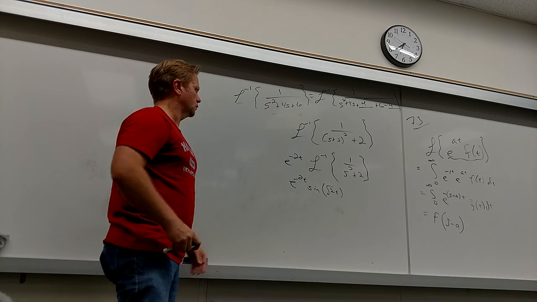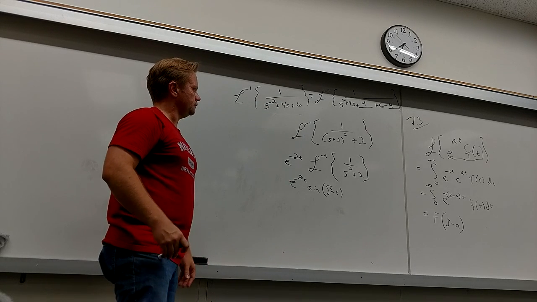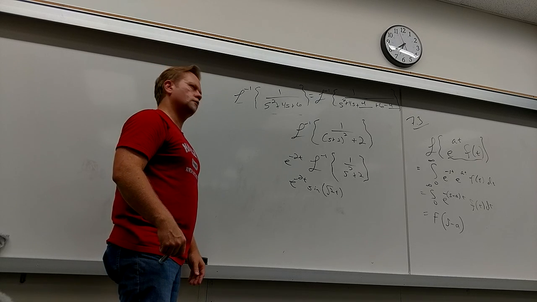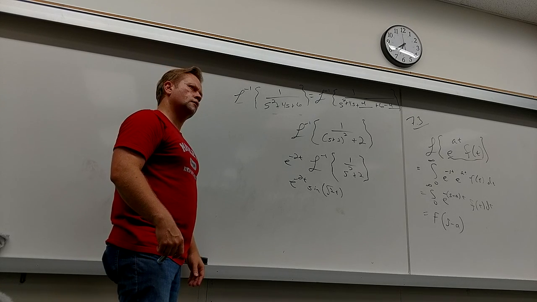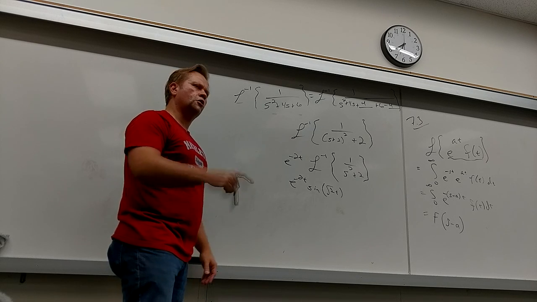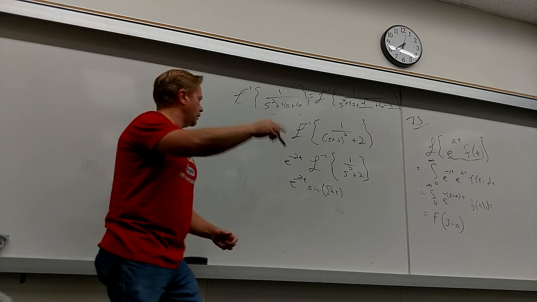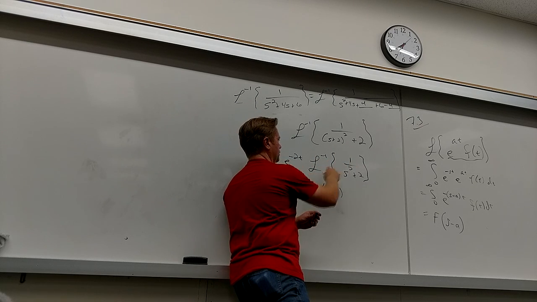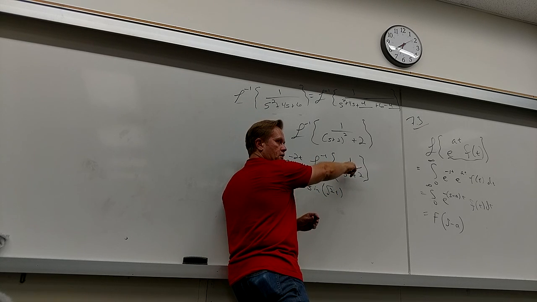Yes? If you took the Laplace of sine root 2t, would it be root 2 over s squared plus 2? Since the k is supposed to be on top of the sine. No, cosine is the one that gets the s. Oh, yeah. Thank you. So what should be here? There's a little adjustment I have to make up here. This is supposed to be rad 2.